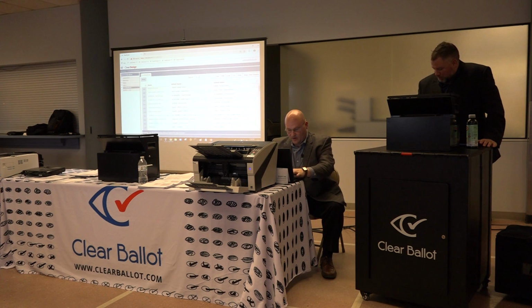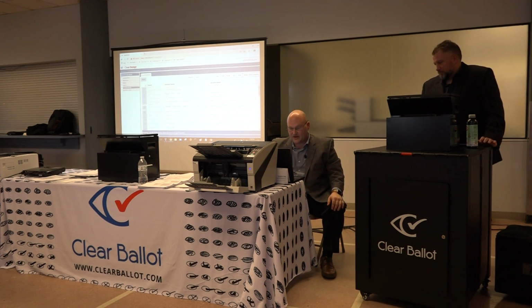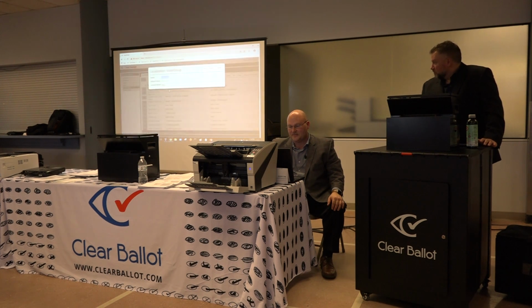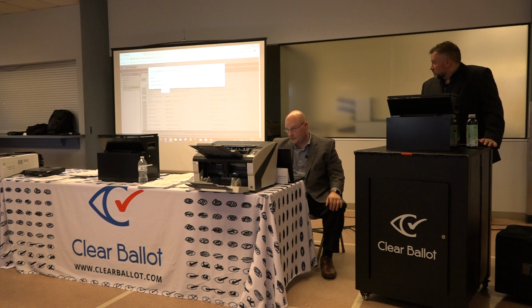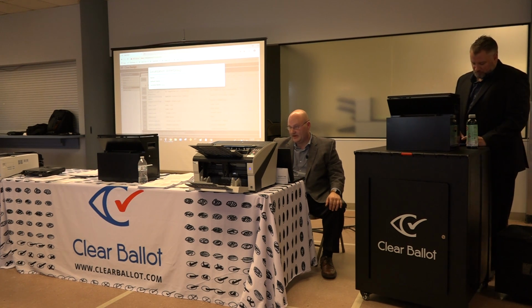So the example I always use invariably is I open up voter groups. Now, I've already actually got this changed. What we call voter groups in Ohio, we really refer to as parties, right? So I have changed this localization. I have said anywhere in the software where our software would by default say voter group, I want it to say party. And I've saved that.